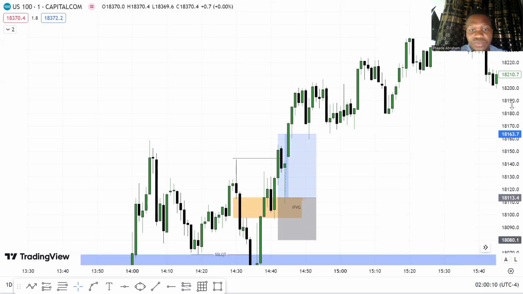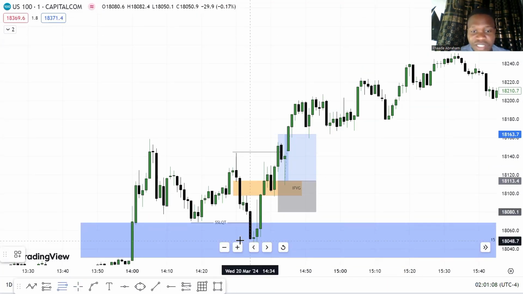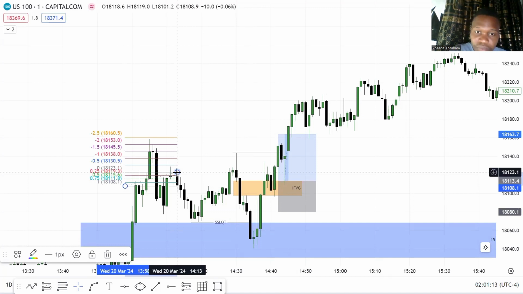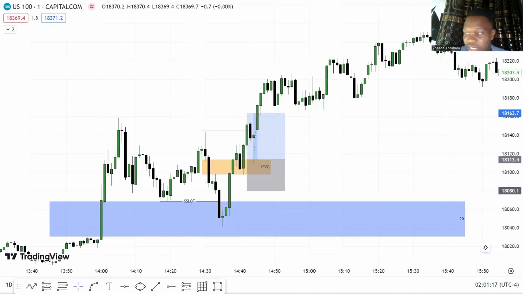So how would my targets be? For my target, I'll use the standard deviation of the Fibonacci tool. So this will be our standard deviation here, right at this swing here that took out this sell side liquidity here.